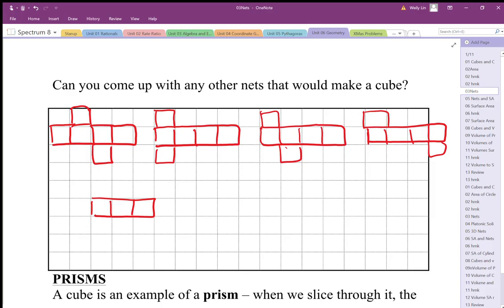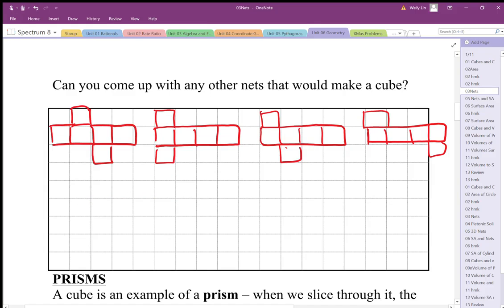An example of this one might be something like, I can't even think of what this looks like. I think one like this will fold into a net. No, this one will not fold into a net. I'm going to have to think about that one.